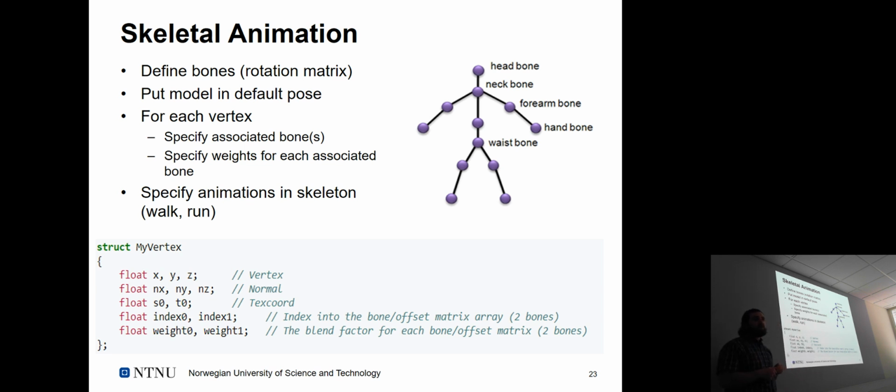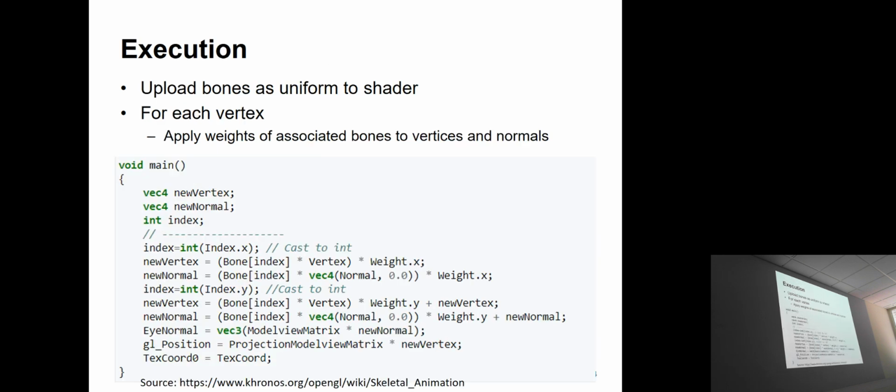For example, for walking, we can have a loop of how each vertex changes position considering the bones and weights. Actually, it's nothing but a sequence of poses.